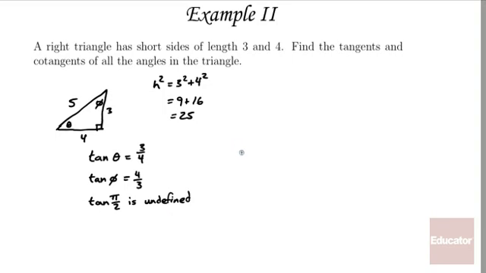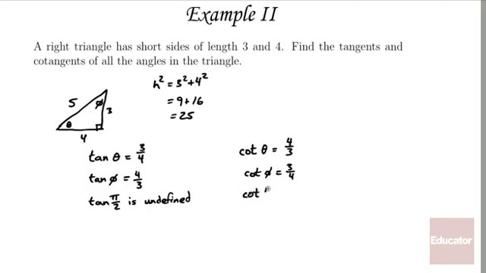So now cotangent of each of these angles. Cotangent is just the opposite of tangent in the sense that when tangent is sine over cosine, cotangent is cosine over sine. So the cotangent of theta, instead of being 3 over 4, will be 4 over 3. And the cotangent of phi, instead of being 4 over 3, will be 3 over 4.